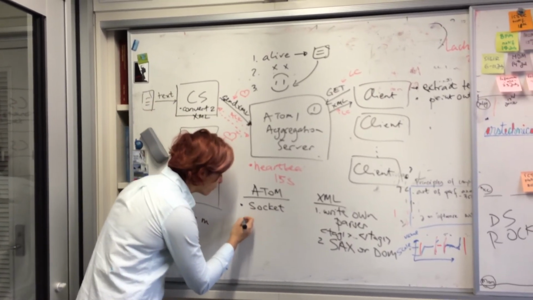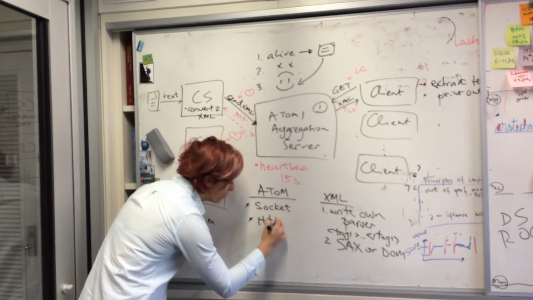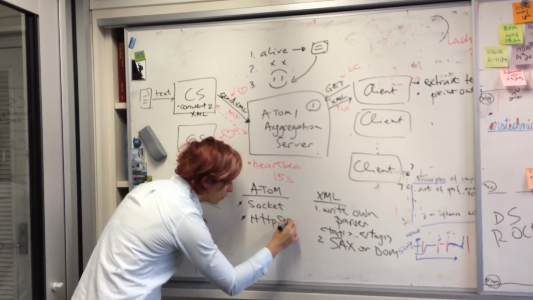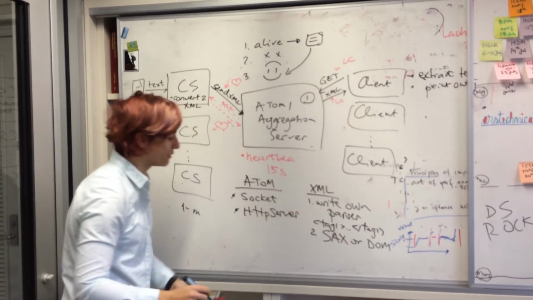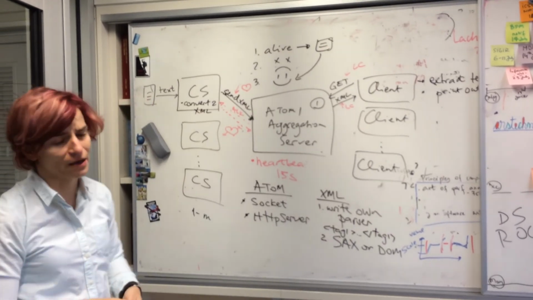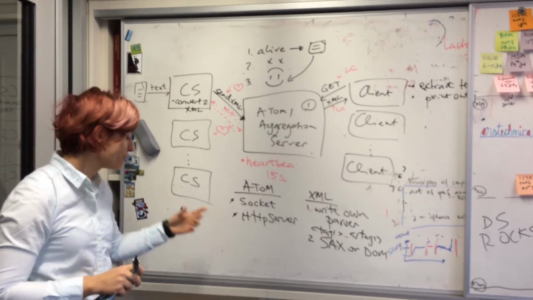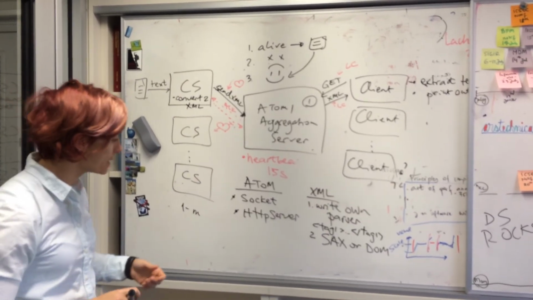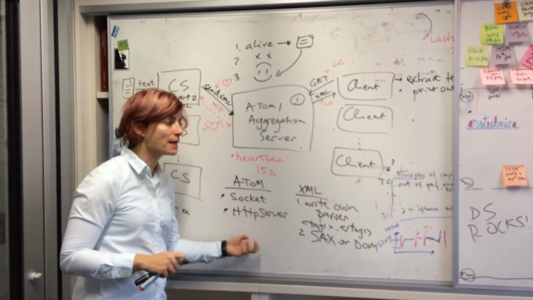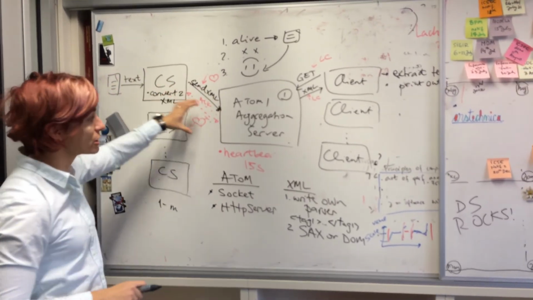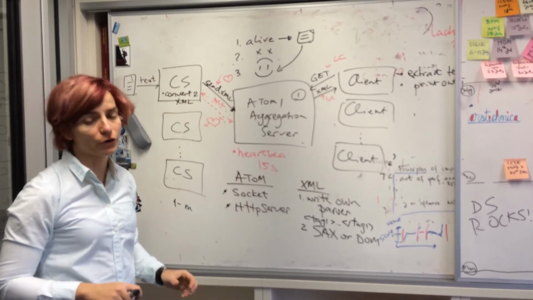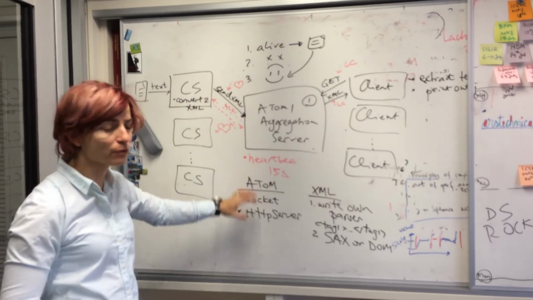You can also implement this whole thing using something called an HTTP server. This has appeared since Java 1.6, and it's been released in Java SE. What this basically does is it manages the connections to the server automatically, so it creates the thread pools for you.